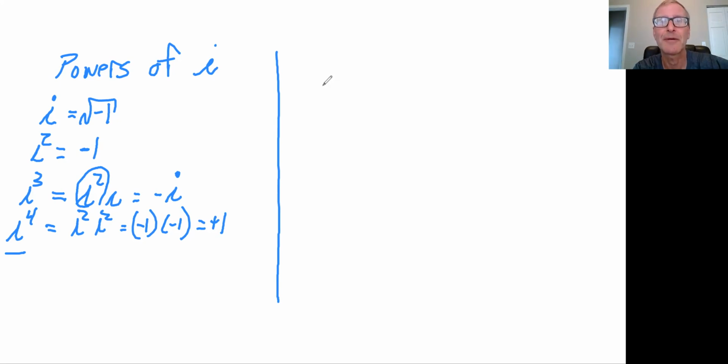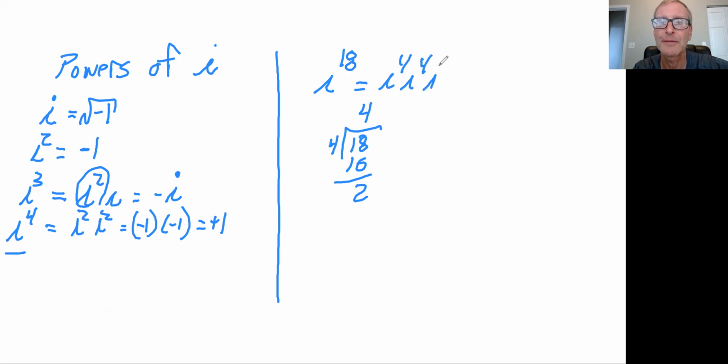Say like we have i to the 18th. Well, when you look at 18, how many times does 4 go into 18? Well, it would be 4, right? 16, and there's 2 i's left, right? So we could write it this way. i to the fourth, i to the fourth, i to the fourth, i to the fourth, and then what's left is i squared.